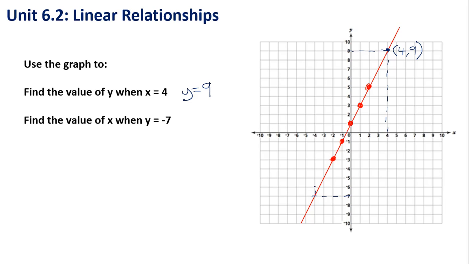What is the corresponding x value? It's -4. So this point is -4, -7. X equals -4, y equals -7. So when y is -7, the x value is -4.